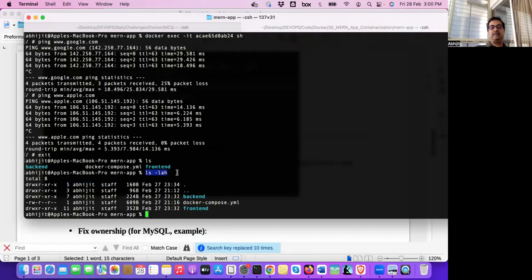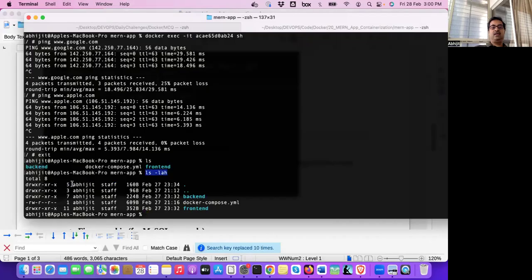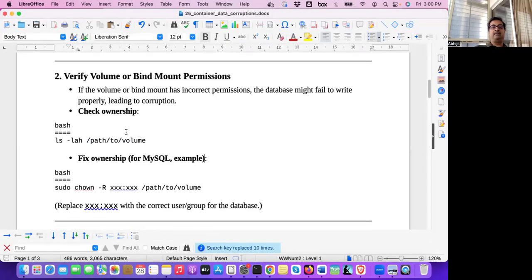So the user name may be MySQL, and the owner is someone else, so you won't be able to write. You need to check that you have the correct ownership. And if it is not correct, then you have to change the file ownership using the command chown, which is basically change ownership.